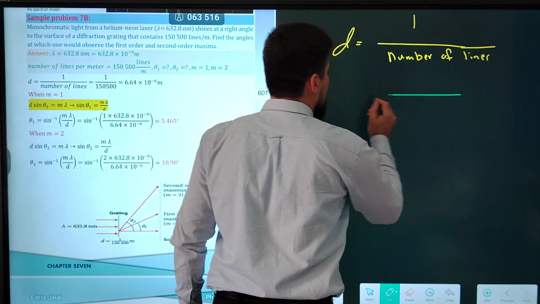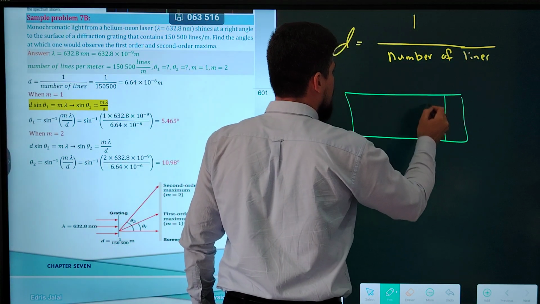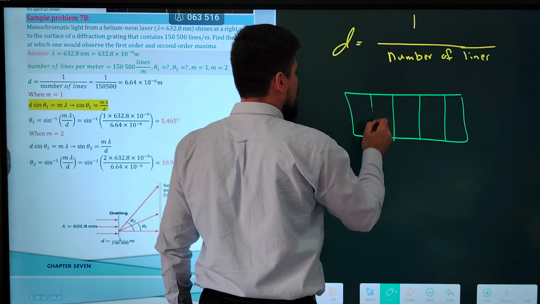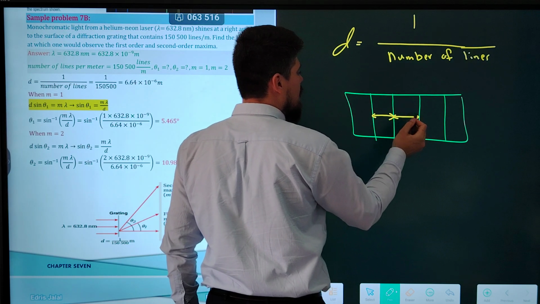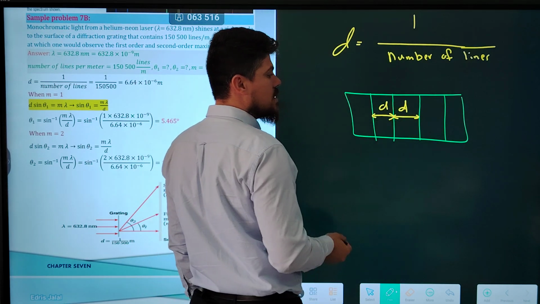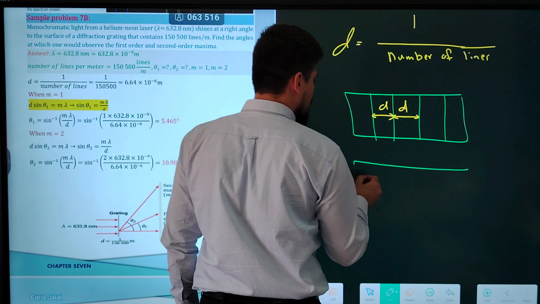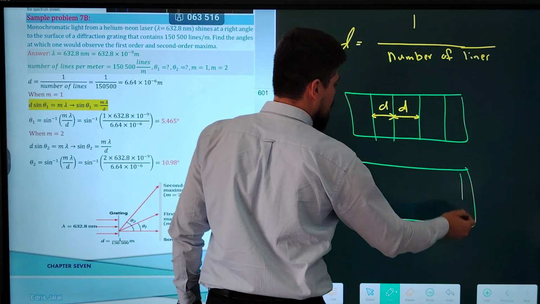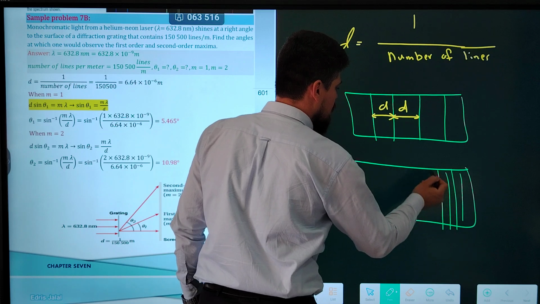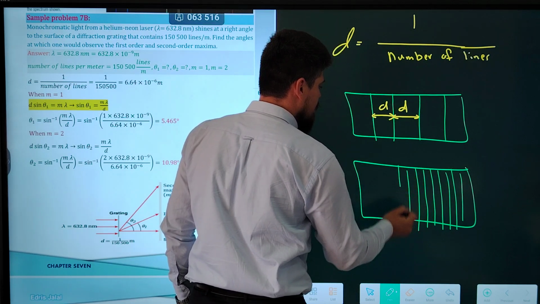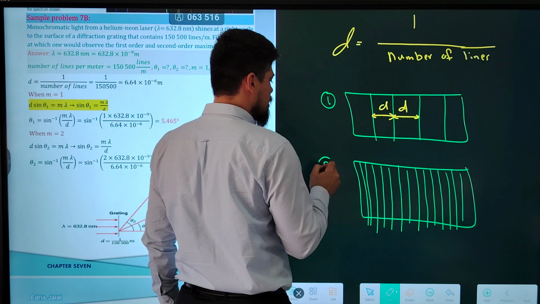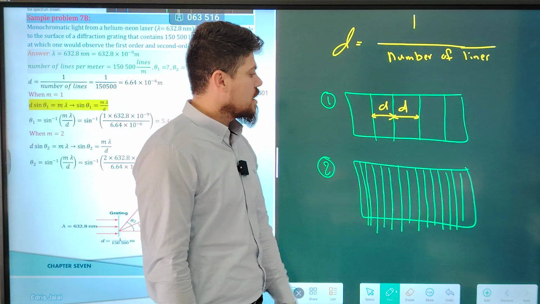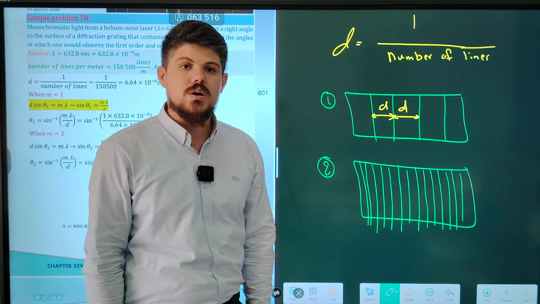For example, in this diffraction grating, how many lines are there? 1, 2, 3, 4. So what is this? This is the distance between the lines, or distance between the slits. But if you look at this grating that has many lines, this is grating number 1, this is grating number 2. Which diffraction grating has more lines?